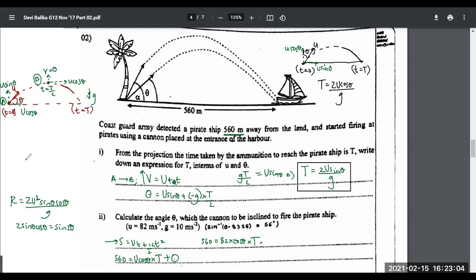Let's say sine 60 can be written as sine 2 into 30, so that is going to be 2 sine 30 cos 30.